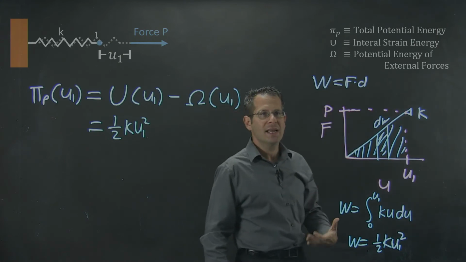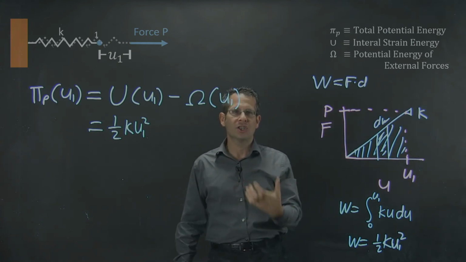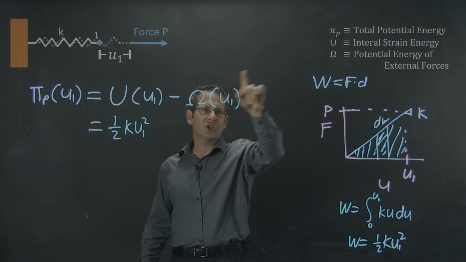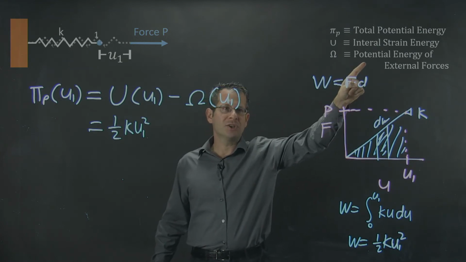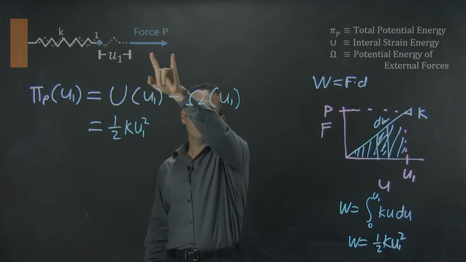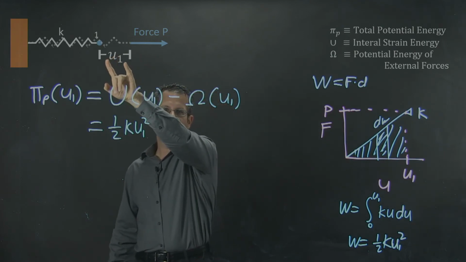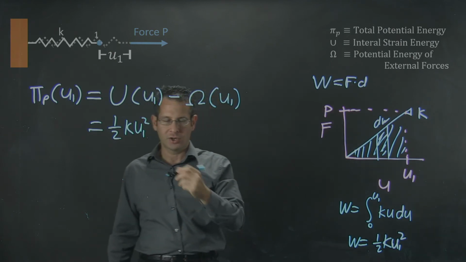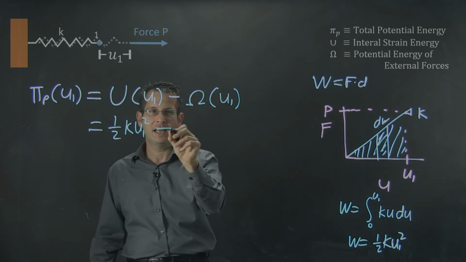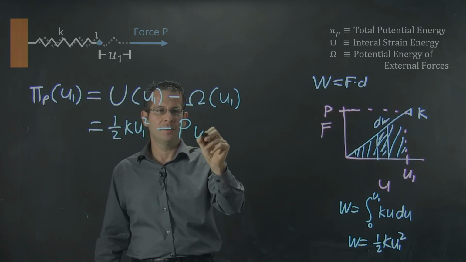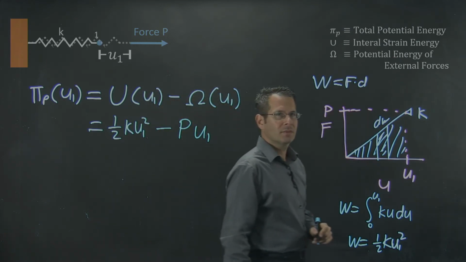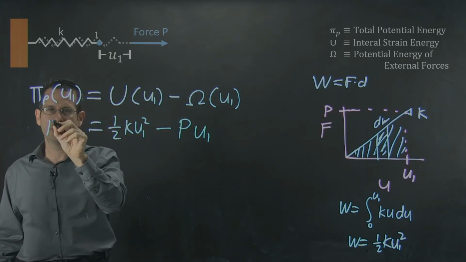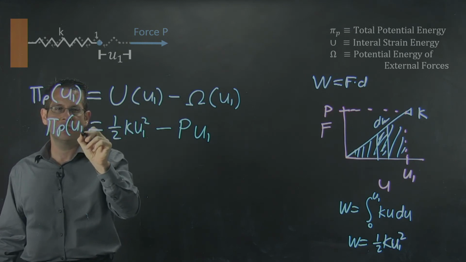It can't do that. It's essentially work or energy that is lost and needs to be subtracted off from the system. So simply the external energy, the potential energy from the external forces, is just the amount of work that could be done by moving this point this distance by this force. So the external energy, which I'm subtracting off, is simply P times U1.